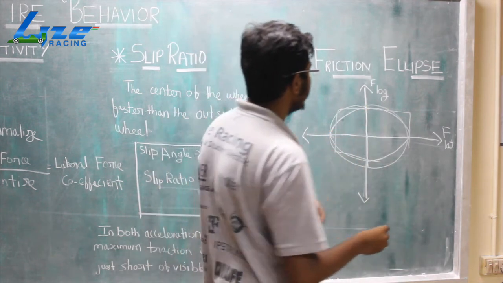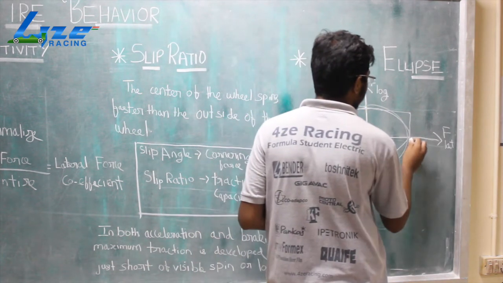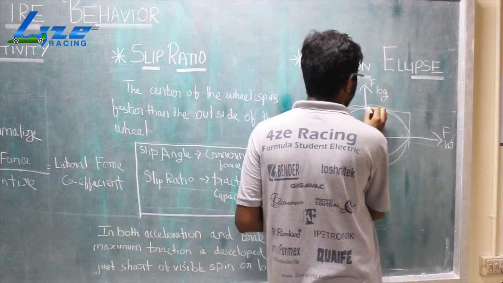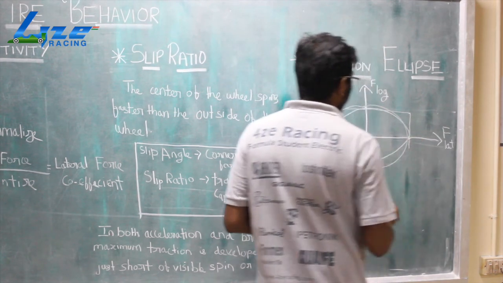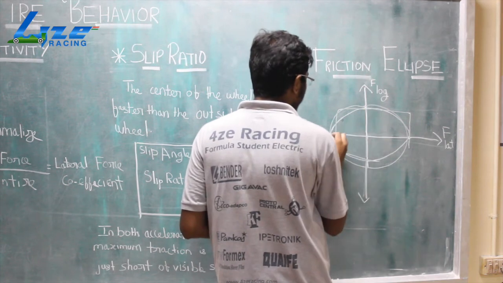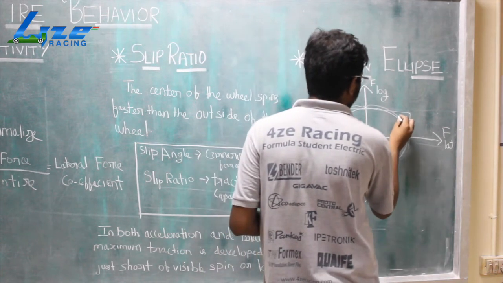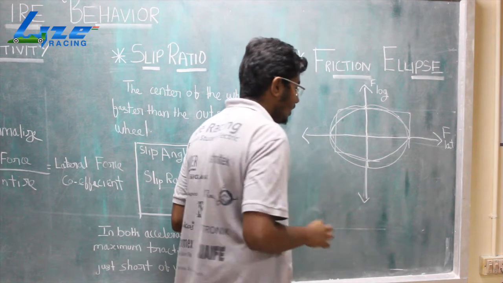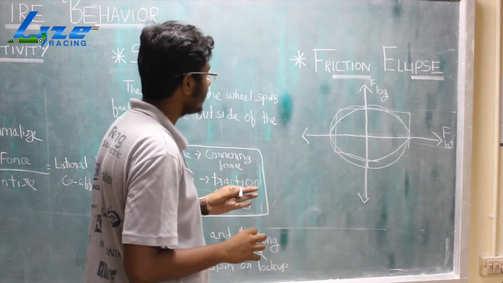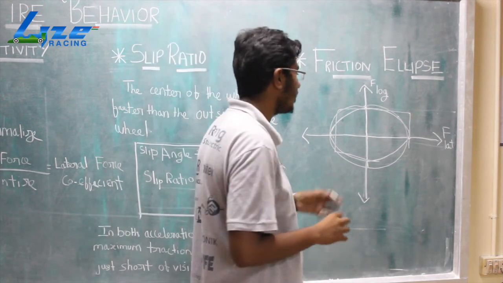In the rectangular shape, you can see that we have pointed ends, but there are fewer peak values, and in the circular shape you can see that we have more peak values but we don't have a pointed end. This doesn't mean which is better, it just depends on how we use the tire.